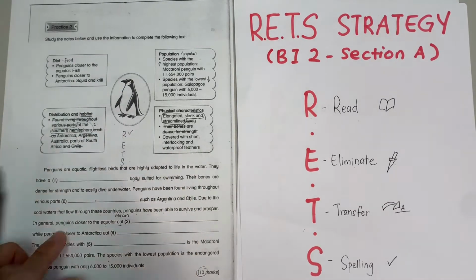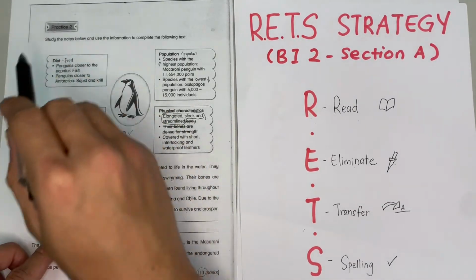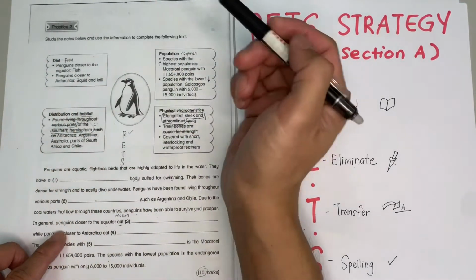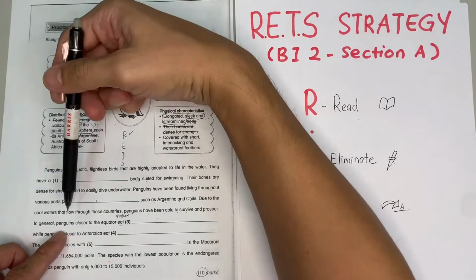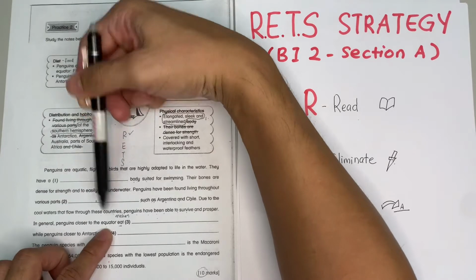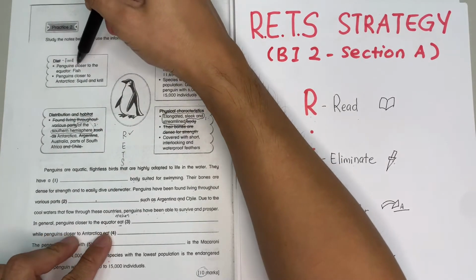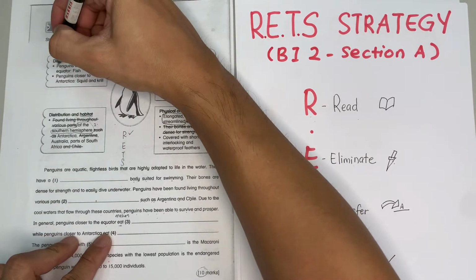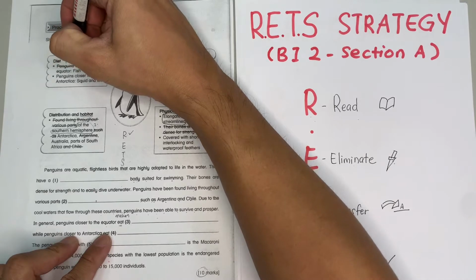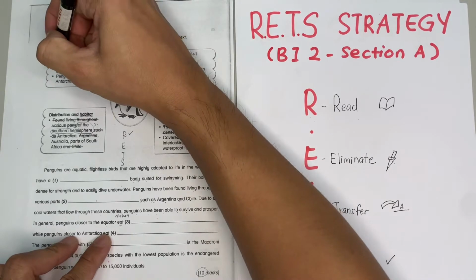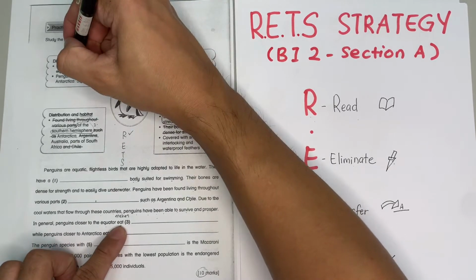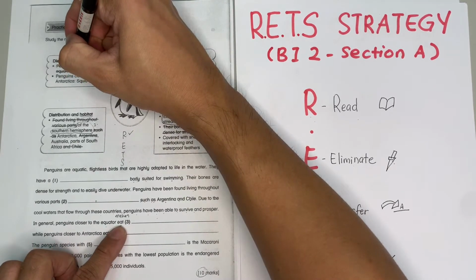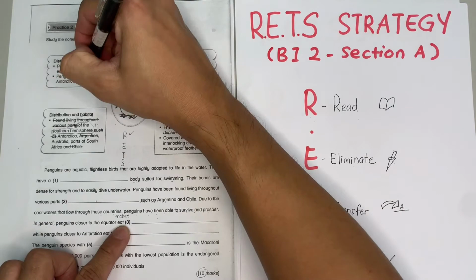Let's focus now. Our eyes are focused on box number 1. We're talking about the diet, or the food. Okay, penguins closer to the equator. Eliminate penguins closer to the equator. What do they eat? They eat fish. Okay, so this is the possible answer for number 3.